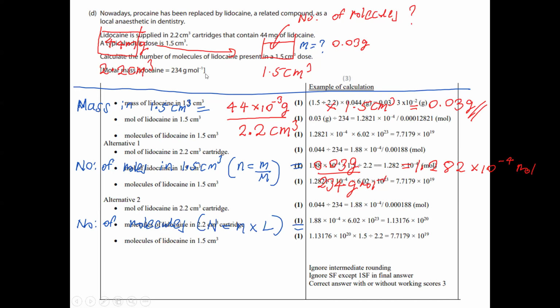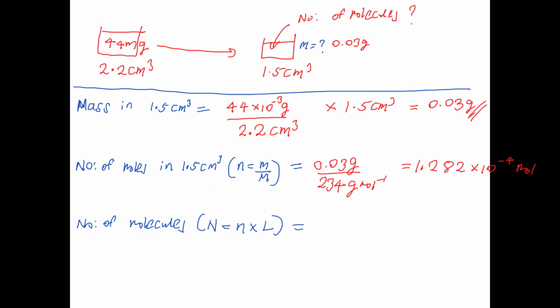The number of moles is 0.03 divided by 234. I'll use this one because I got a lot of decimal places here.